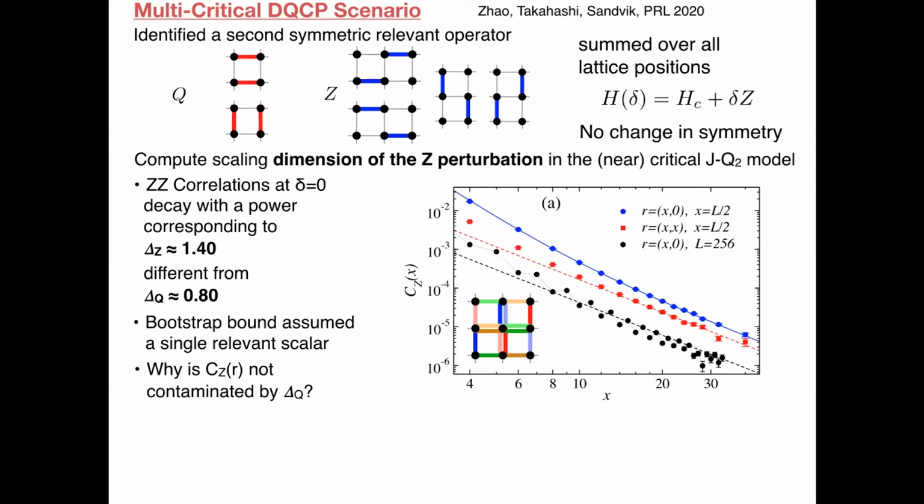Unfortunately I cannot answer that question or comment on it, but I can just say that it looks like we have two relevant operators that at least don't break any symmetries of the square lattice and the spin rotation symmetry and so on. So whatever it means.